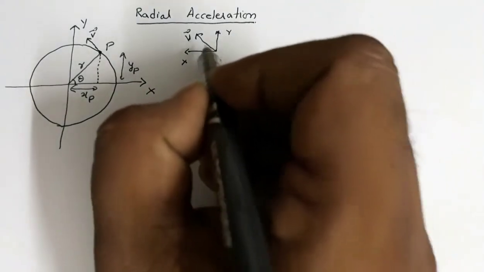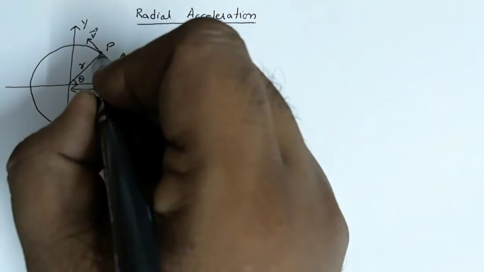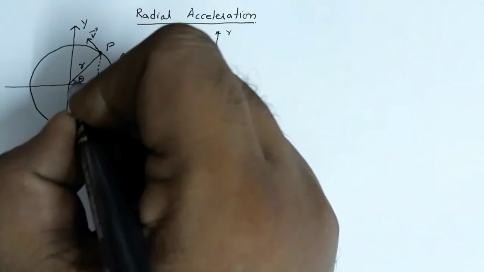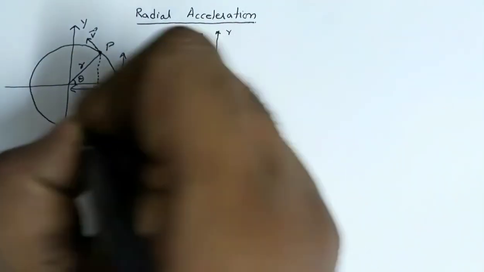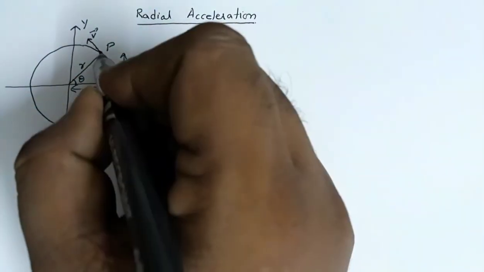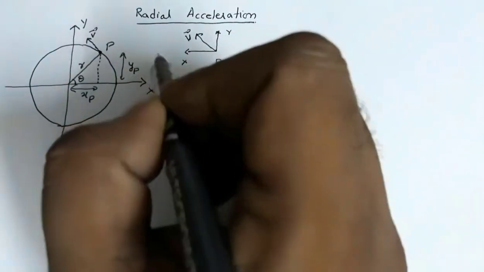Now see this velocity v: if this point P is at this particular location, angle theta will be 0 and this velocity v will be along the y-axis.